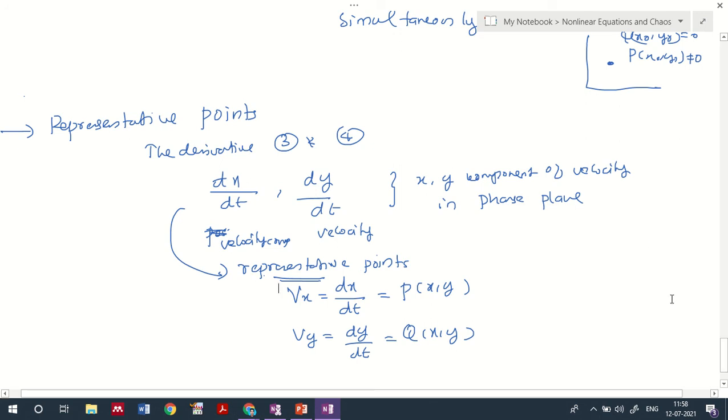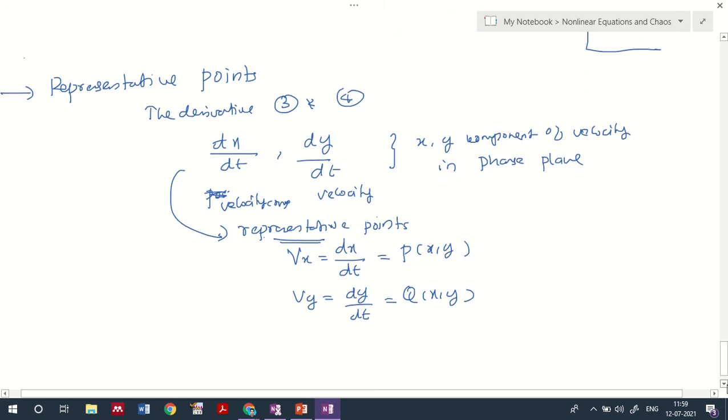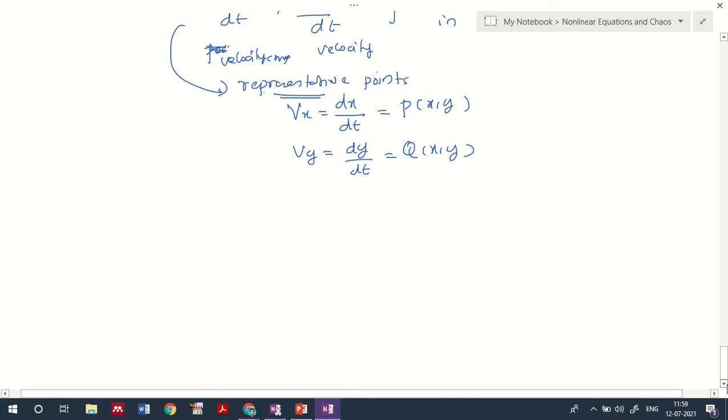Now what we need to do is to understand the phase trajectory of a linear system and a non-linear system.